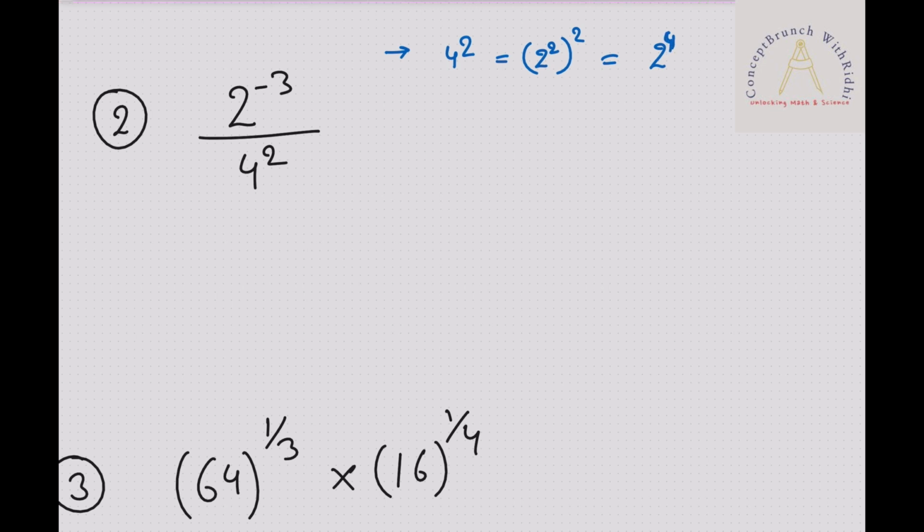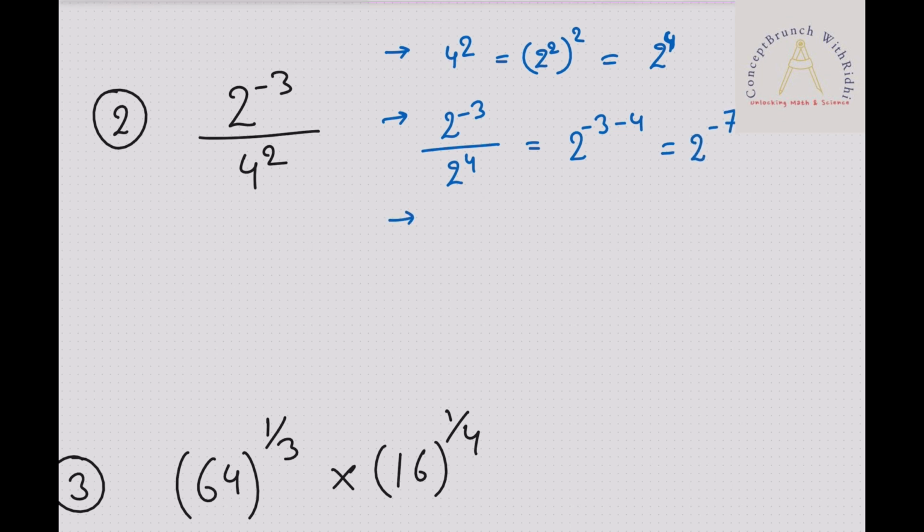Second thing we can apply here is to the numerator and denominator. Now in place of 4 squared, you can write 2 to the power 4. Now the quotient rule you can apply here. So 2 to the power of minus 3 and minus 4, we can write 2 to the power minus 7, right?